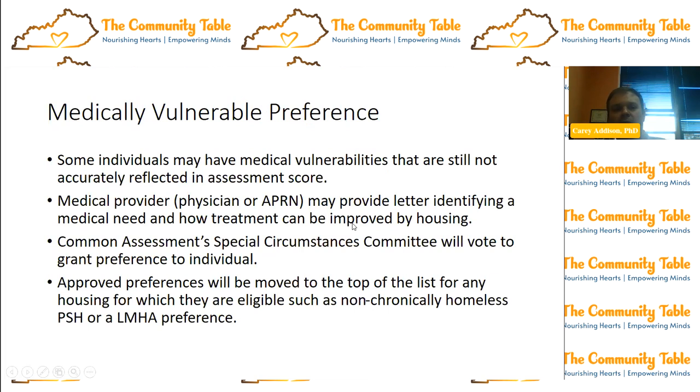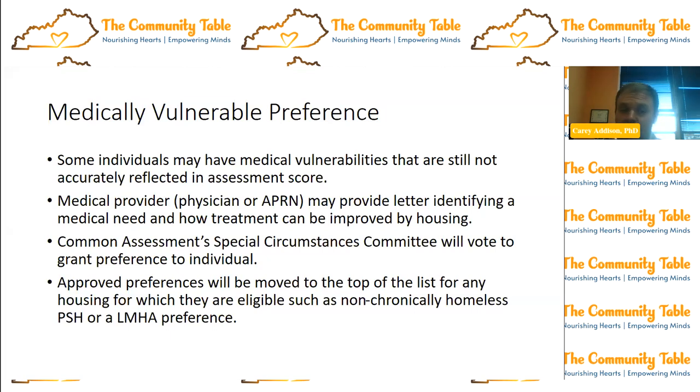And then the medically vulnerable preference that I mentioned earlier. Like I said, we've given some points for having extreme medical vulnerabilities, but we realize we have a lot of people, especially older individuals, who are very unwell. They have multiple chronic conditions, but they may be newly homeless.